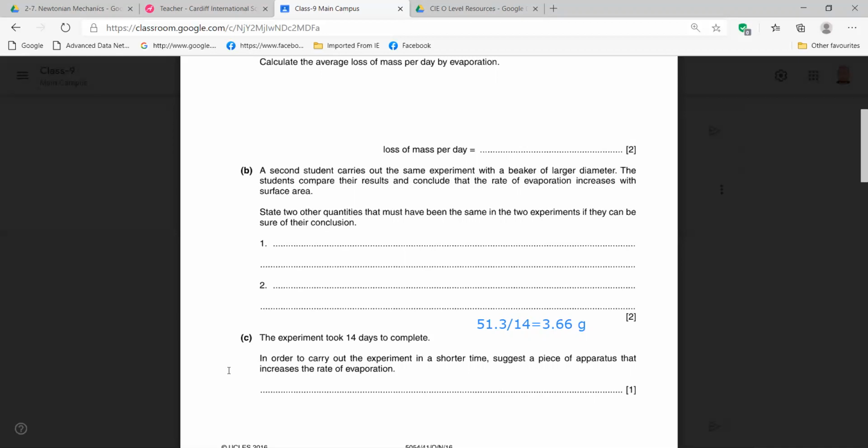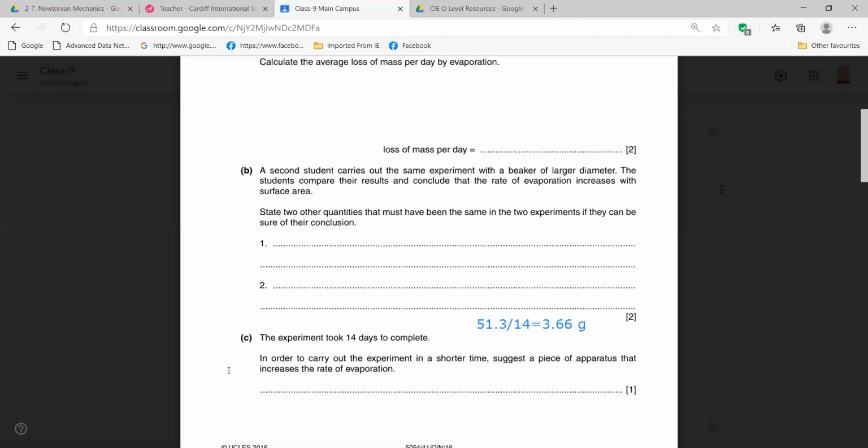Increase in temperature, and wind blowing? No. They are doing the experiment to observe the effect of surface area, right? Previously they were using a smaller diameter beaker, now they are using a larger diameter beaker, right?